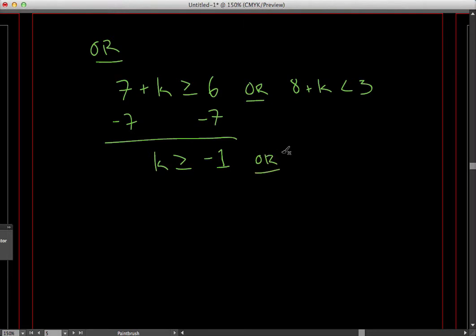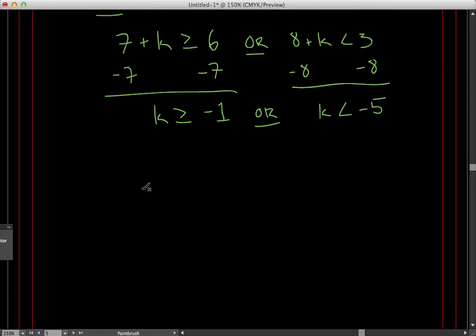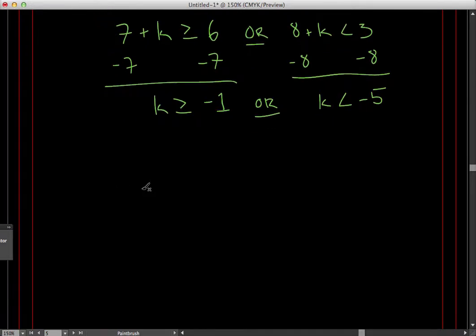Or, bring this 8 to the other side, subtract 8 from both sides, and we're left with k is less than -5. All right, so now we're at a point where we can actually graph this compound inequality. So we're going to make a number line. Here we are.